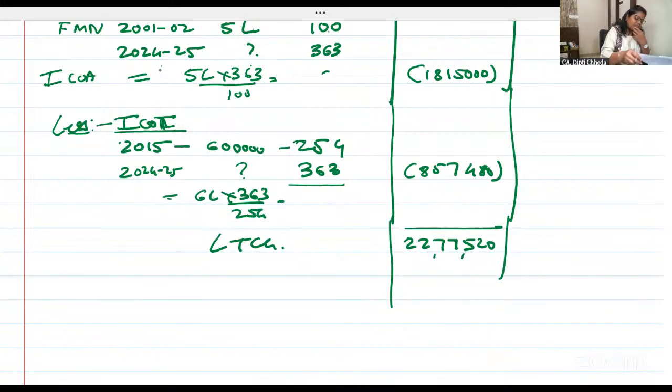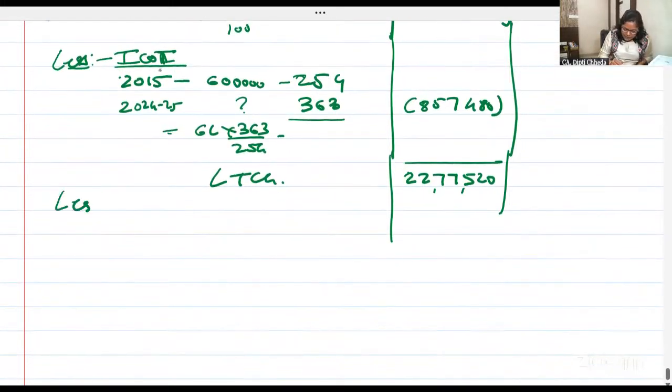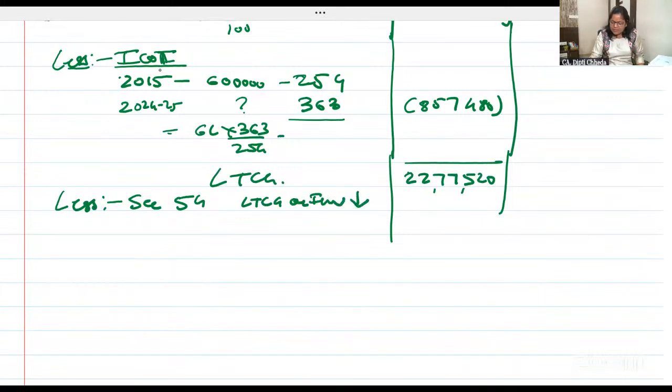Now read the question. He has sold the house and he has purchased another house within the limit, December 24, for 18 lakhs. So long-term capital gain or investment 18 lakhs, whichever is lower, you get exemption under section 54. So investment is 18 lakhs. So 18 lakhs will be exempt.